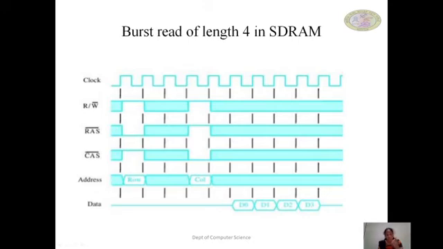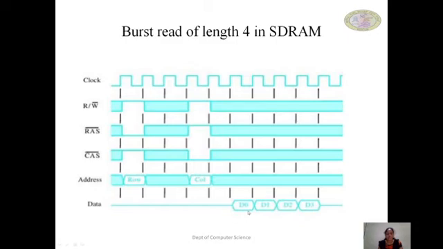Once the row has been activated, the column address is latched using the CAS signal. Then after 1 clock cycle, the first word of data is placed on the data bus. In the remaining clock cycles, the remaining 3 words of data are placed on the data bus in consecutive 3 clock cycles.